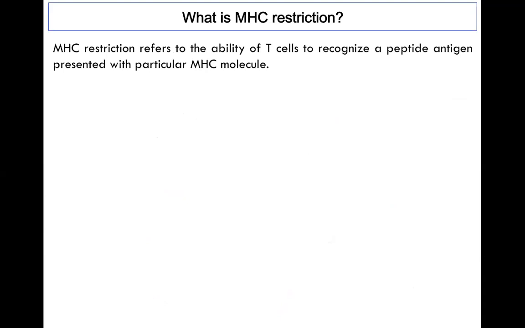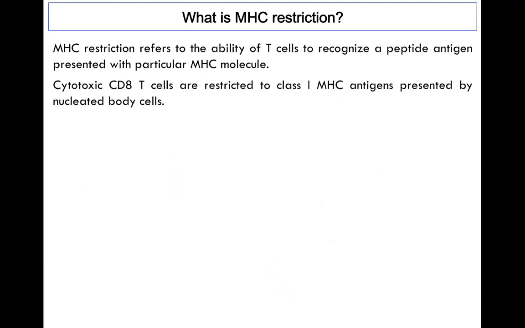MHC restriction refers to the ability of the T cell to recognize a peptide antigen presented by a particular MHC molecule, whether that is an MHC class 1 molecule or a class 2 MHC molecule. So cytotoxic CD8 cells are restricted to class 1 MHC antigen presented by the nucleated body cells.